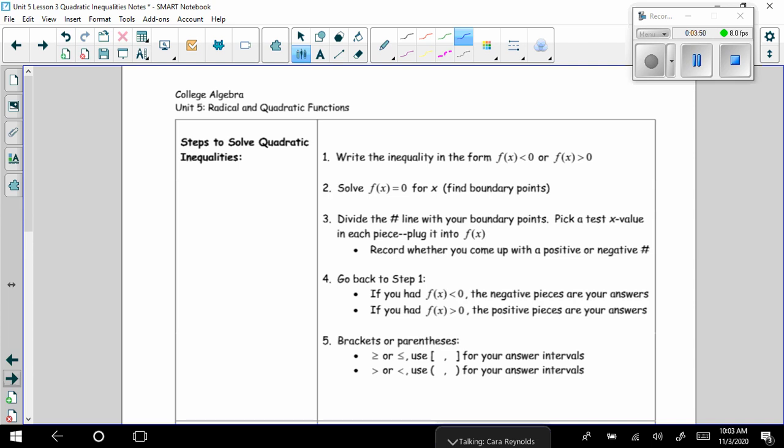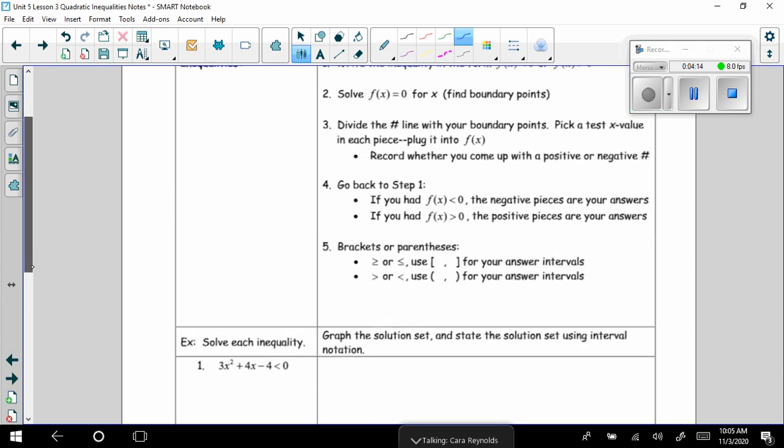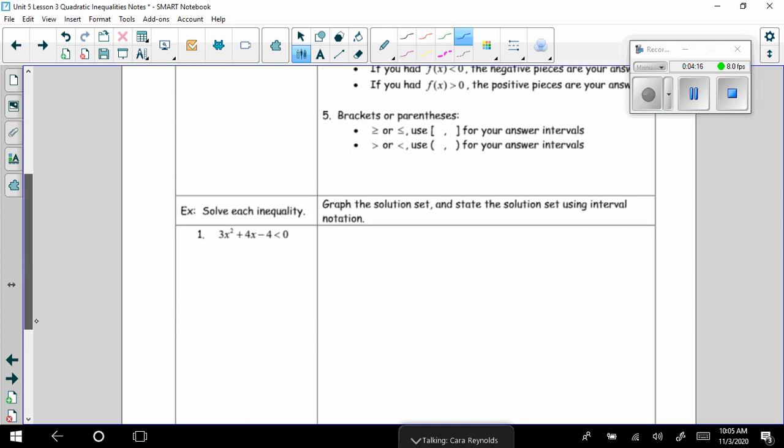Record whether you get a positive or a negative. Okay, you'll go back to step 1, and if you have negative pieces, it's less than 0. If you have positive, then it's greater than 0, and that'll tell you where that interval is. So again, note when to use brackets and when to use parentheses in terms of whether or not we're looking for greater than or equal to, or just greater than or less than.